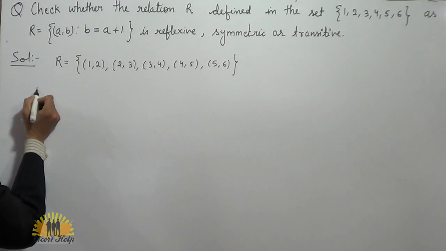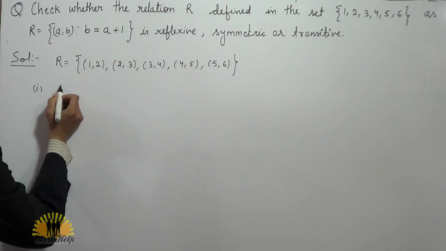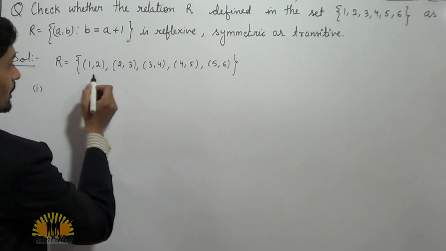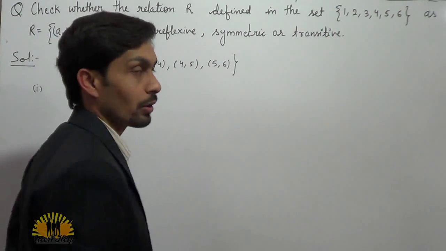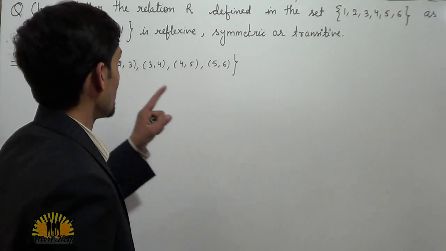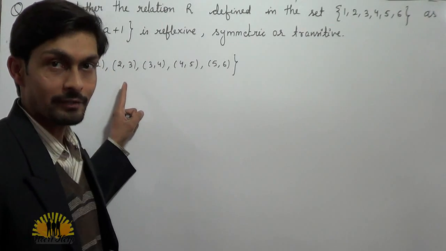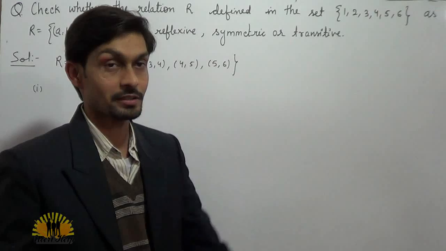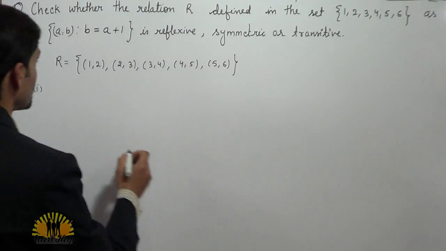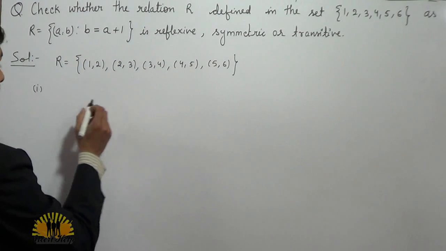Now, here you can see, for a reflexive relation, each element should be related to itself. It means, for R to be reflexive, (1, 1), (2, 2) up to (6, 6) must belong to R. But here it is not happening.